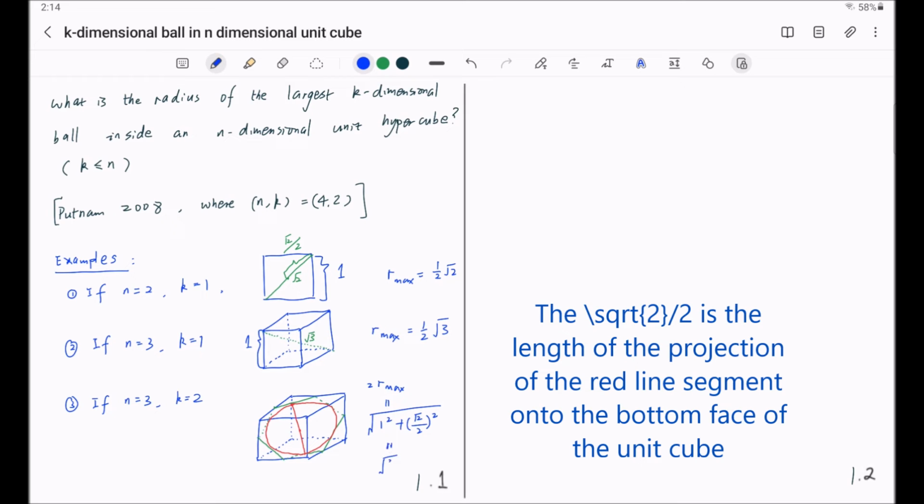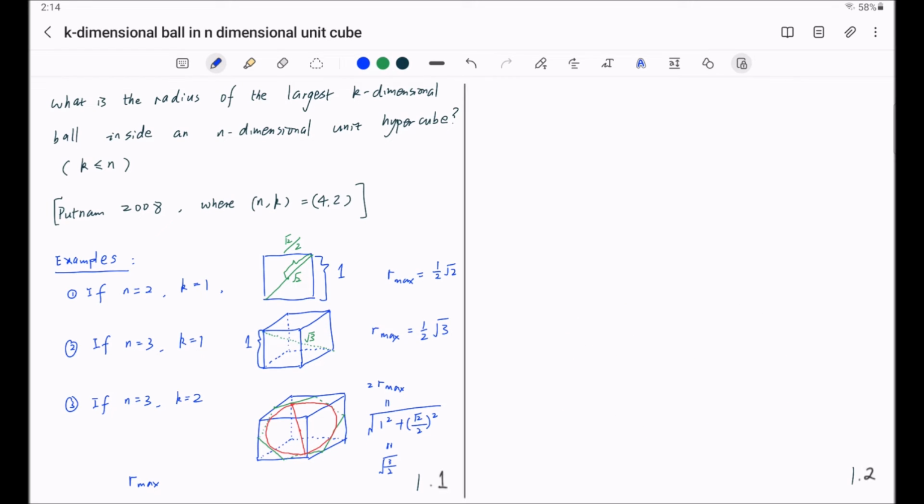This is square root of 3 over 2. So in this case, our R max will be equal to half of square root of 3 over 2. This is the R max.